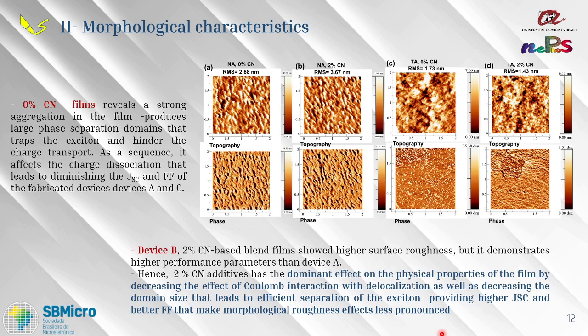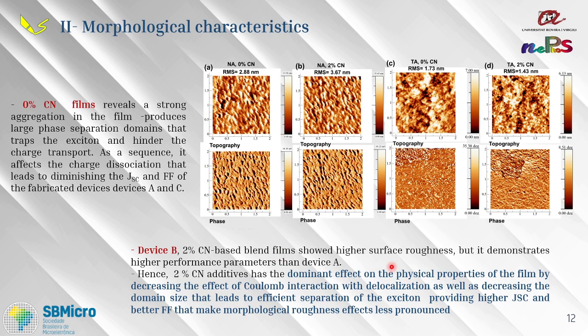We can see that for the 0% chloronaphthalene film, more aggregation and higher surface roughness were obtained for these blends. However, for the non-annealed devices, from 0 to 2% chloronaphthalene additive, the roughness increased, yet the device performance improved.